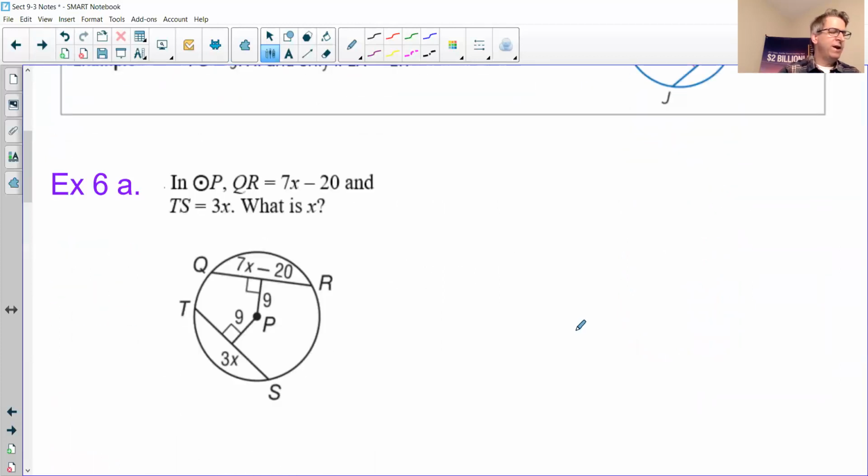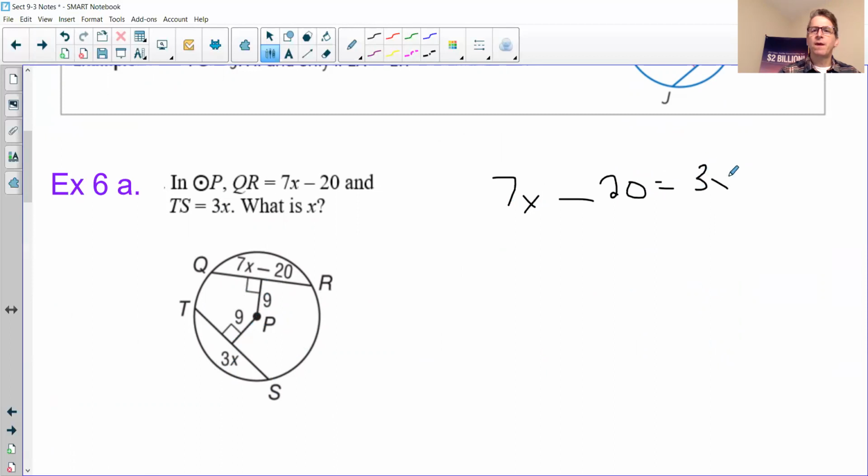In circle P, QR is equal to 7x minus 20, and TS is equal to 3x. What is x? Within the diagram here, you can see this is 9 and this is 9. So we can use the above theorem to conclude that 7x minus 20 is going to equal 3x.